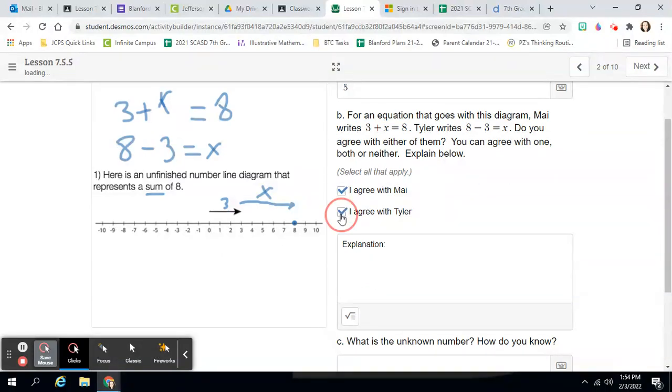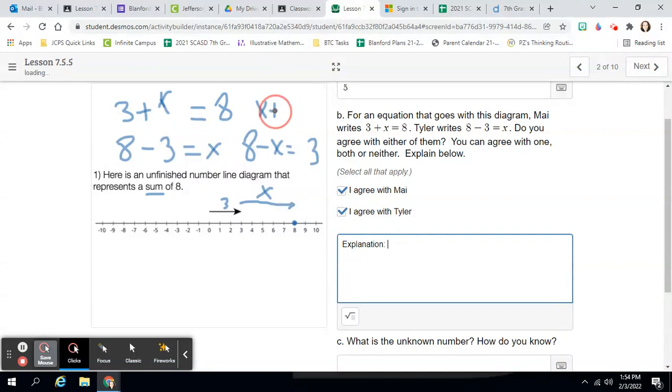So if it was me, I would be clicking both. And I know the reason why is because this shows the addition equation, but this is showing a subtraction equation. I also know based on what we had just done that I could also write it as 8 minus x equals 3, right? Or this one could be x plus 3 is 8. So these are all equations that show what's happening, right?